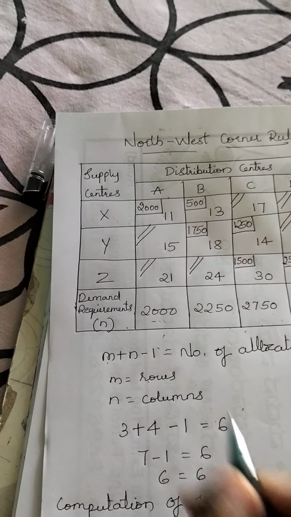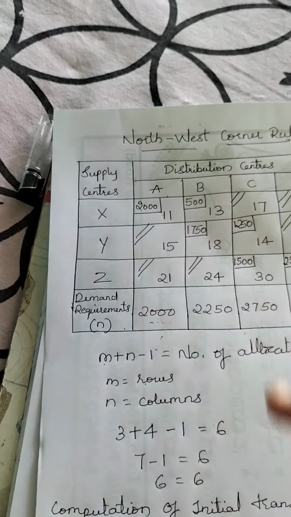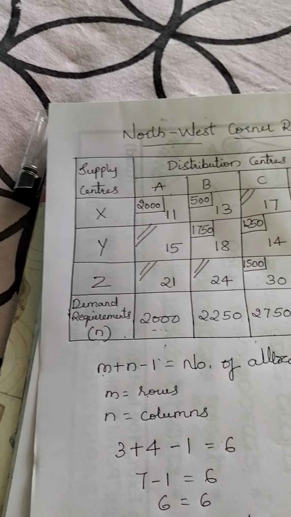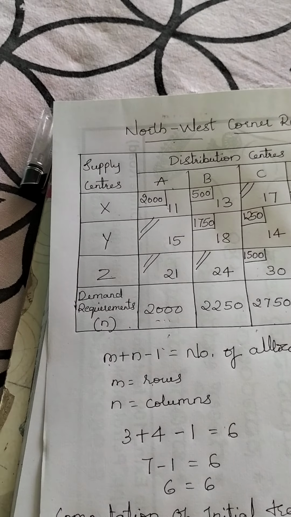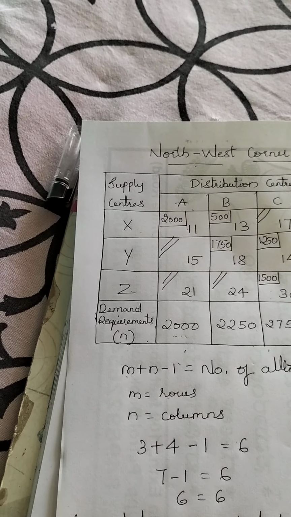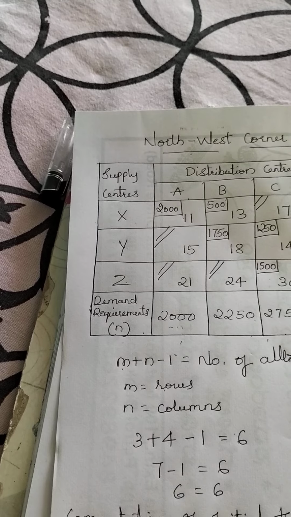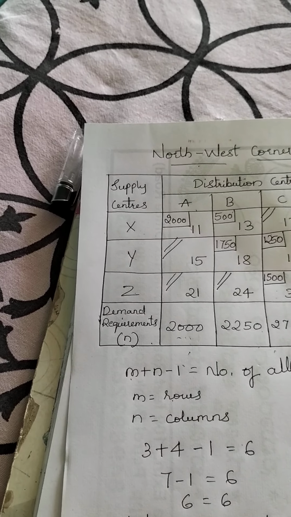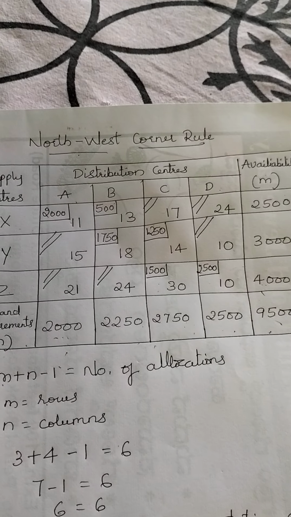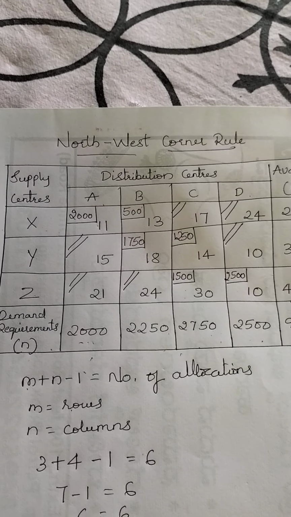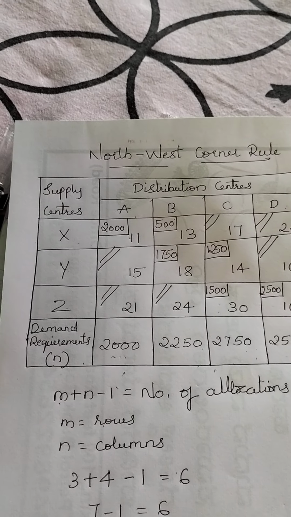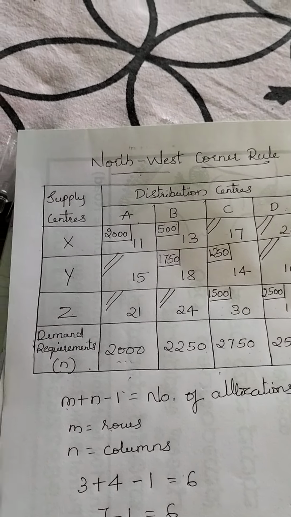For A, it is 2000 into 11. For B, it is 500 into 13. For Y, for B, it is 1750 into 18. For C, it is 1250 into 14. For Z, for C, it is 1500 into 30. For D, it is 2500 into 10.